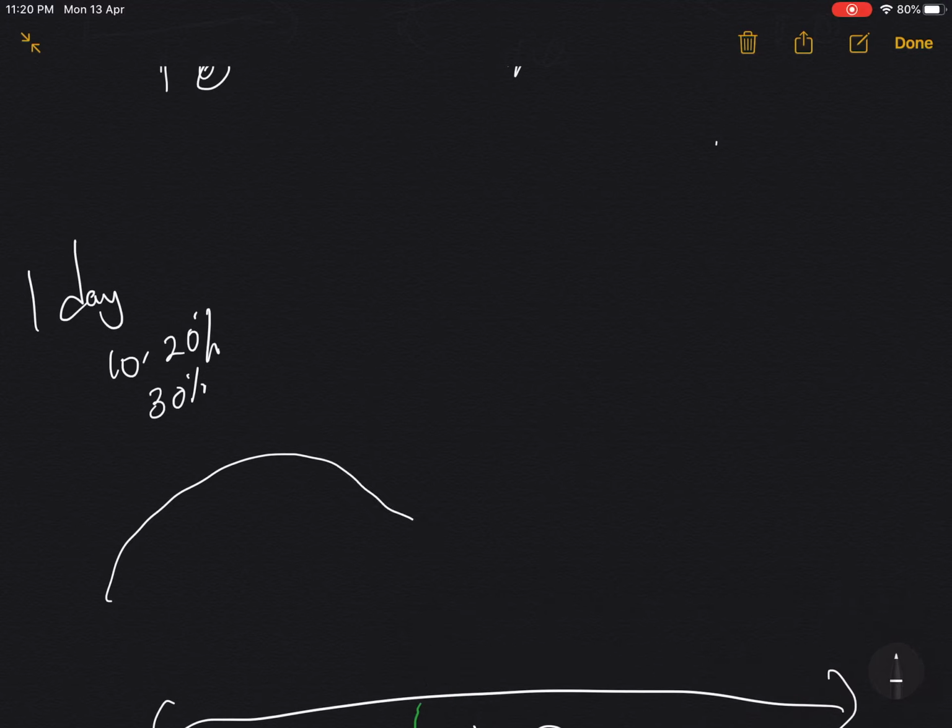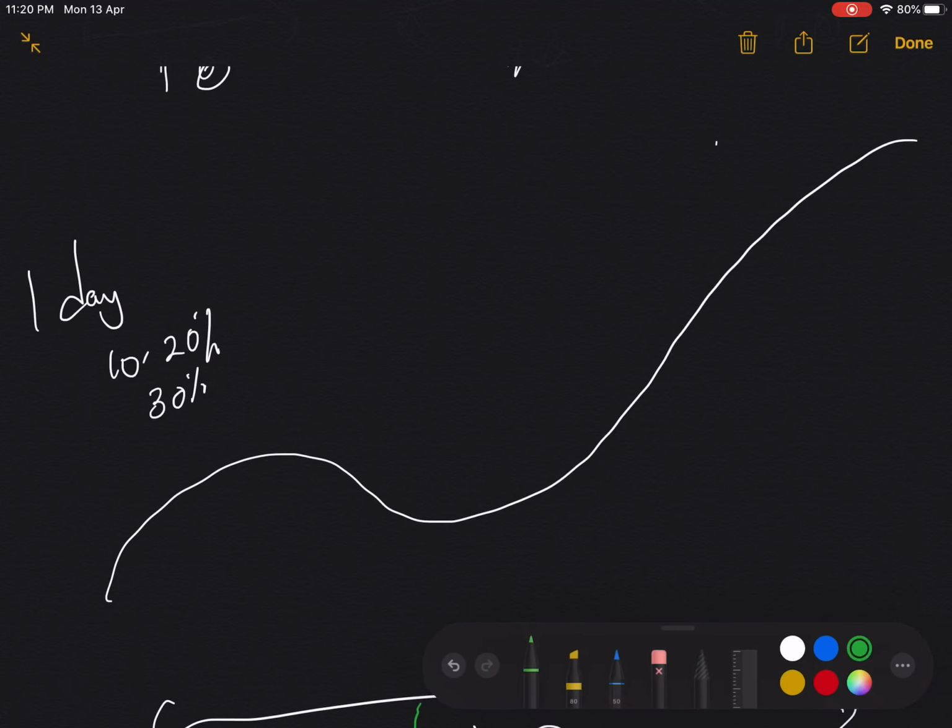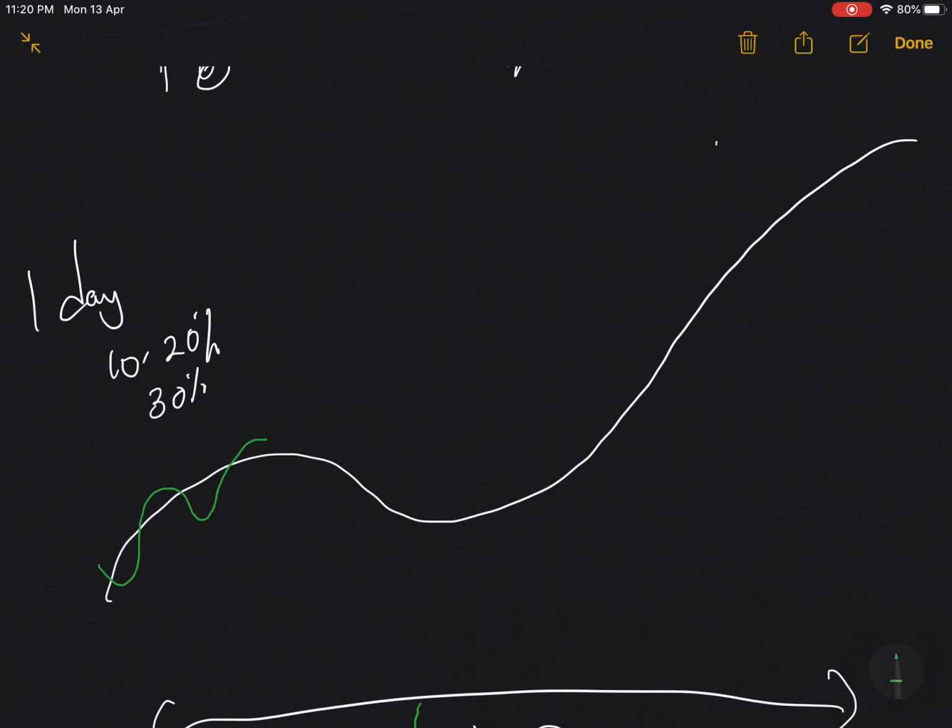Okay, this is the 10 years line. Right now there's a sharp drop on the so-called short-term trend.